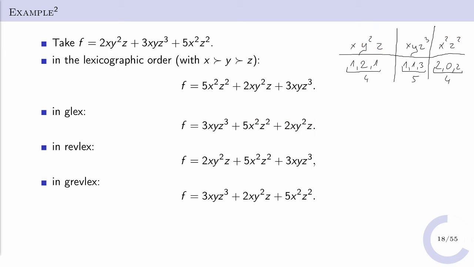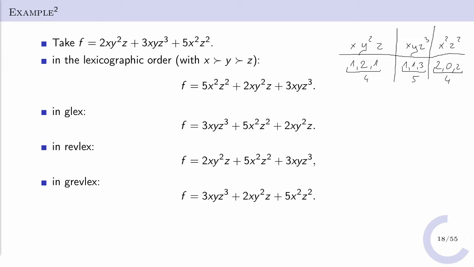Now comes the revlex, reverse lexicographical order. So now we read the list of exponents from right to left, and we select the smallest of all these three exponents.